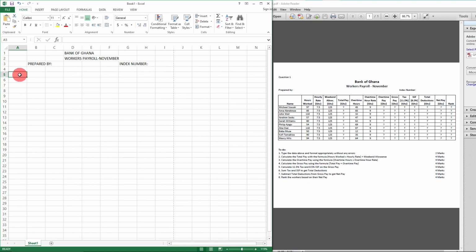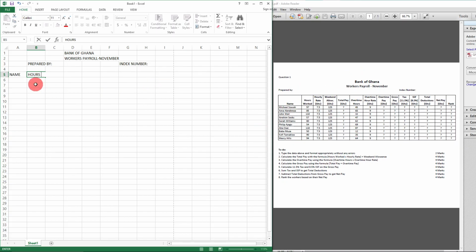So the first one is name, so I'll type my name. The second one is hours worked. You see, if I type the word worked, you see that it has moved to C. Anyway, the question is in Word format because it was typed in Word.